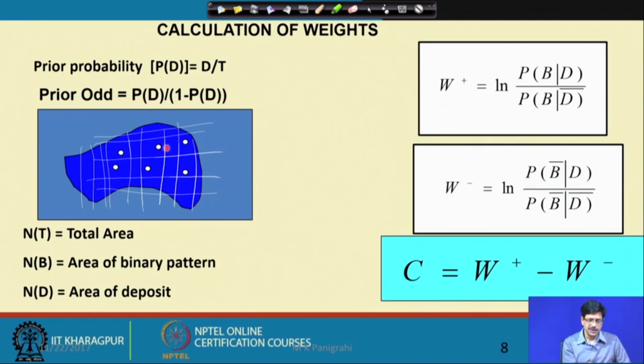Now, all these pixels also have geological, geophysical and geochemical attributes. Think of this particular point where the deposit is occurring. Other situations will be that the deposit is occurring but the features are not occurring, or the deposit is not occurring but the features are occurring, and the fourth situation is that the deposit is not occurring and the feature of interest, any geological or geophysical or geochemical, is also not occurring.